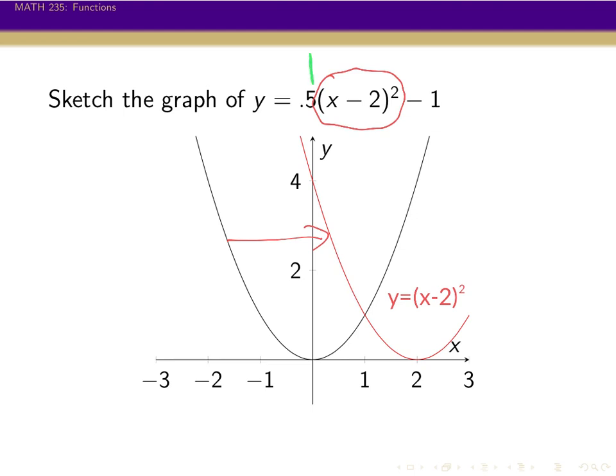Well, then we're multiplying it by 1/2. Since it's a multiplication, this is a scaling factor. 1/2 is less than 1, and so this is going to be a squish. So we're going to take our red graph here and squish by a factor of 1/2.